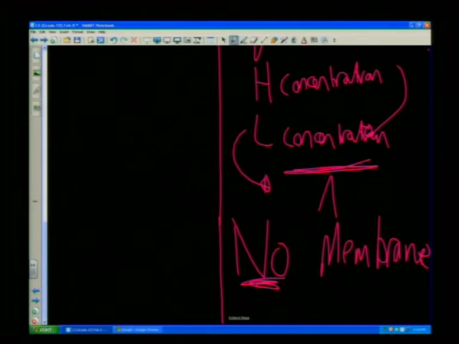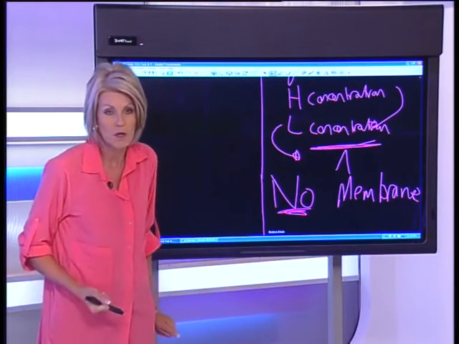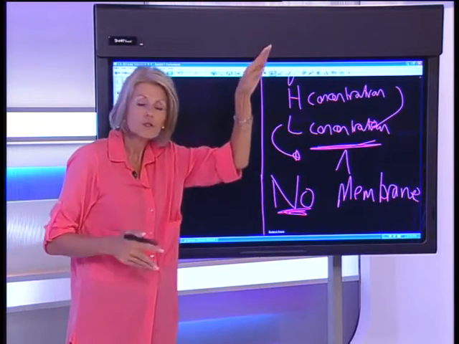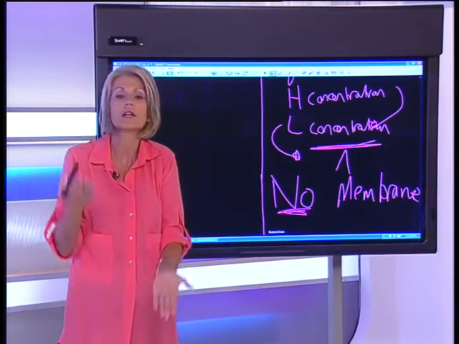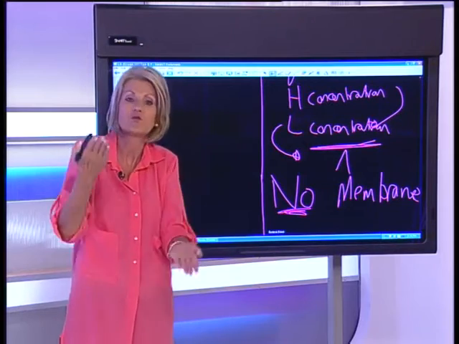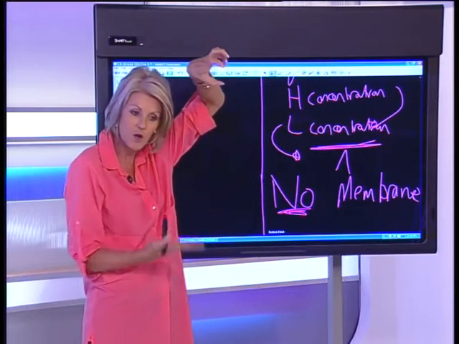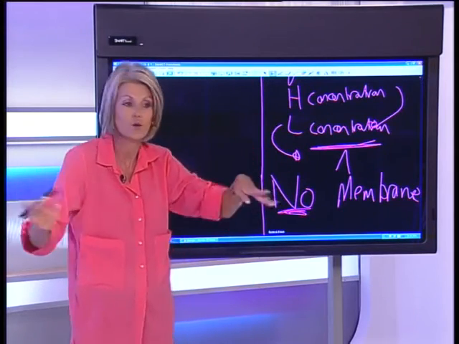You can have it in the air, you can have it in a cup of tea, you can have it when you put chlorine in your swimming pool. It is diffusion. High to a low concentration along the concentration gradient until an equilibrium is reached. In other words, until the high has spread so much to the low that it starts to tip up and even out like a seesaw.